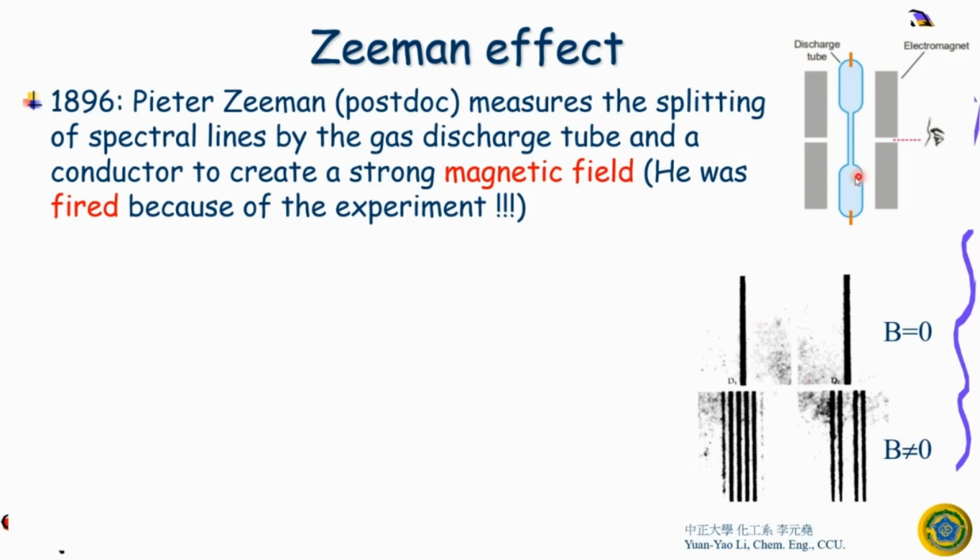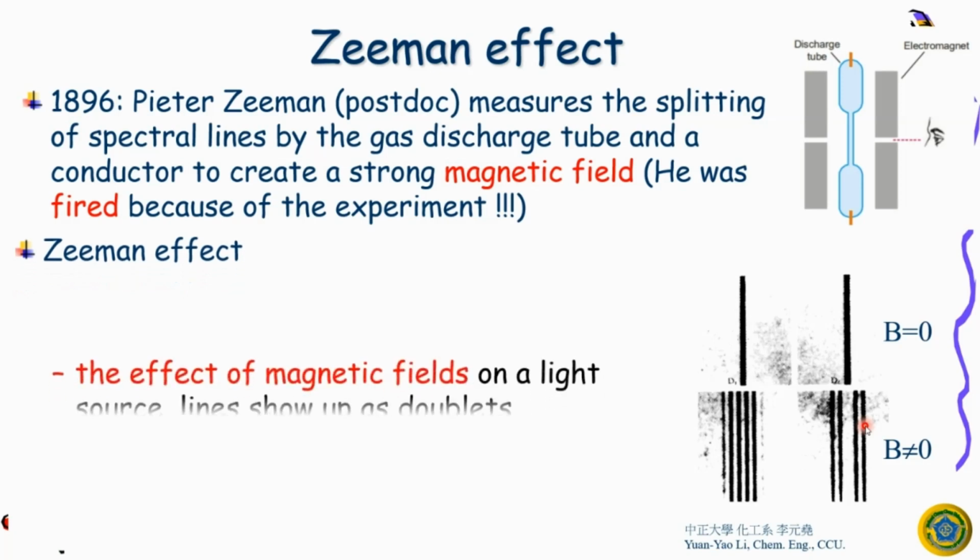However, if you apply the magnetic field, you find that the wavelength, the spectrum, splits. It can split into 2, 5, 3, something like this.